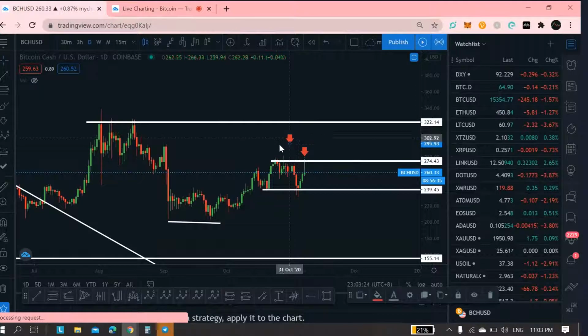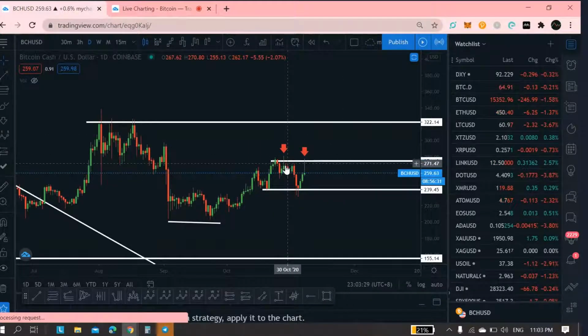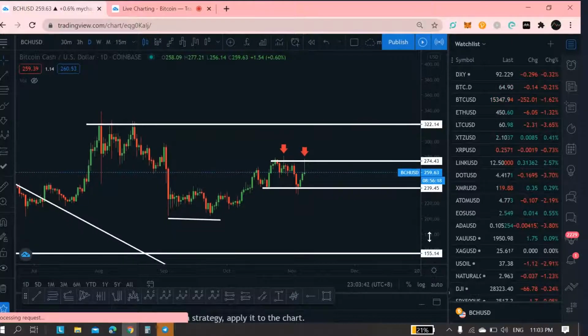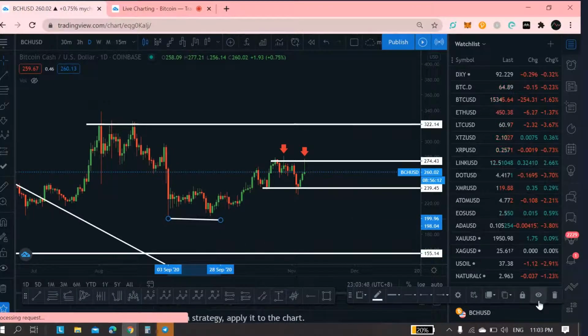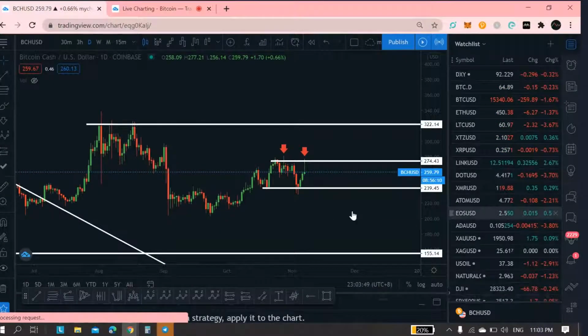So this one, that's the week. It broke out, but then after that it retested this support area. So I'm expecting it could possibly retest this 239 area. So at the moment, possibly it's a no trade zone for me, same like BTC.